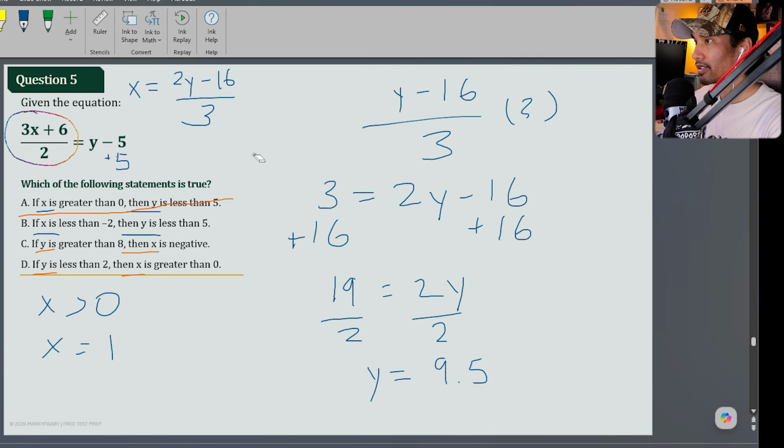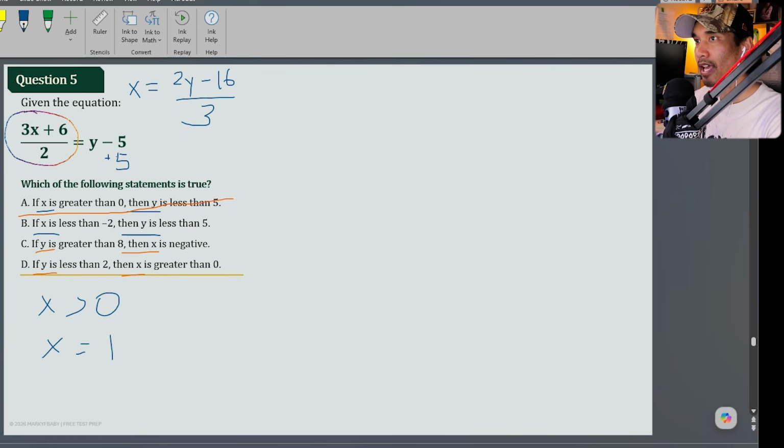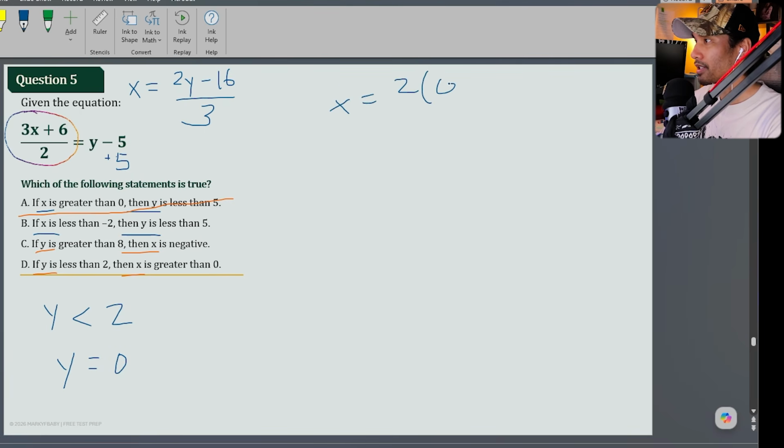Okay, next. I know what the answer is. I'm just testing these out to give it a shot. So I'm going to go with answer choice D. If y is less than, I'm sorry, that says y less than 2. I'm going to say y equaling 0. All right, let's do it. So x equals 2 times 0, that is a 0, minus 16 over 3.